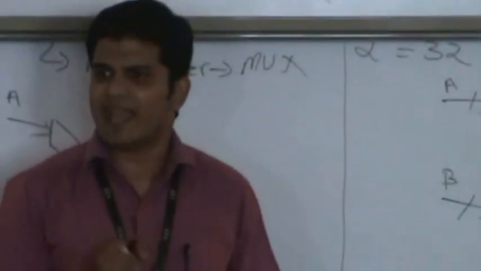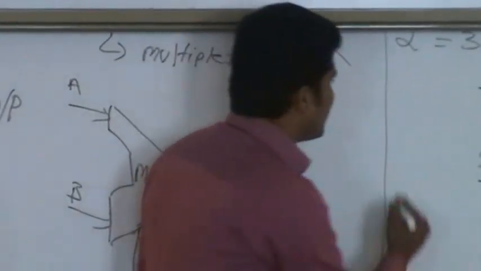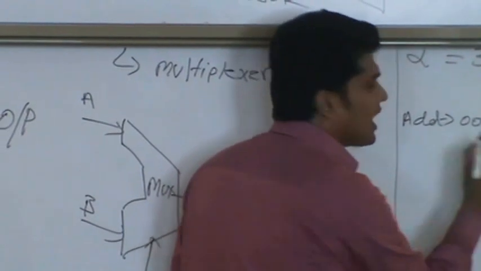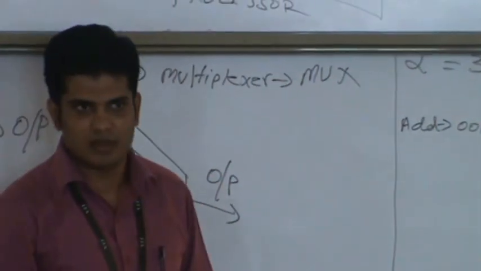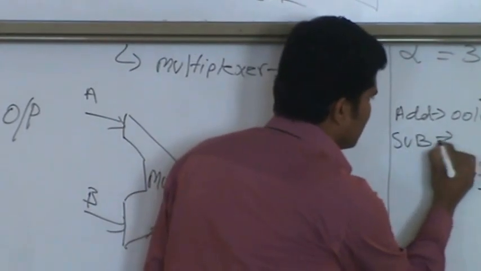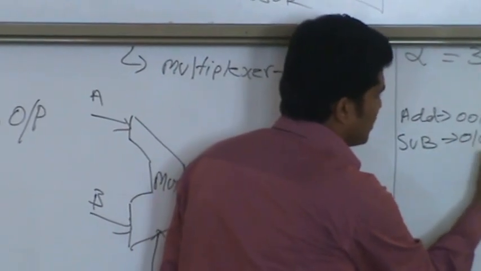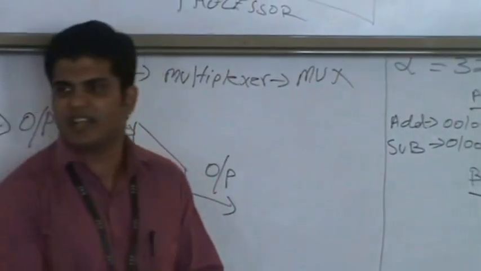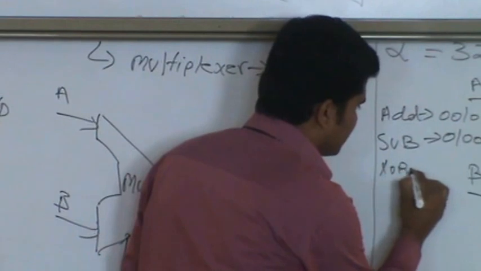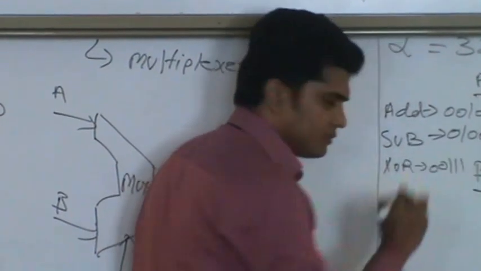If you are doing an addition operation, you will have a code something like 00101, arbitrarily assigned. If you are doing a subtraction operation, you will have a code 01001, arbitrarily assigned. There will also be a code for the XOR operation, 00111.